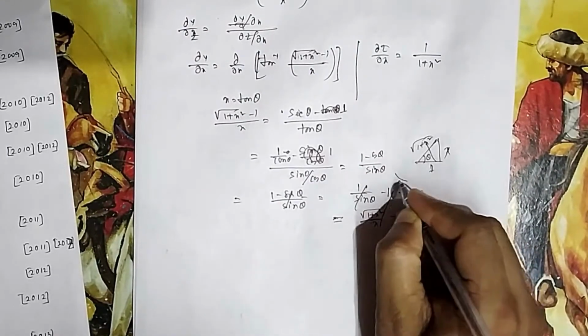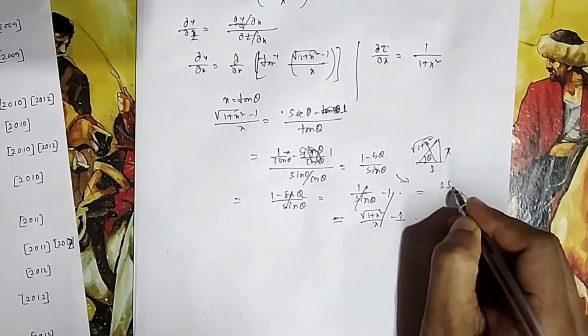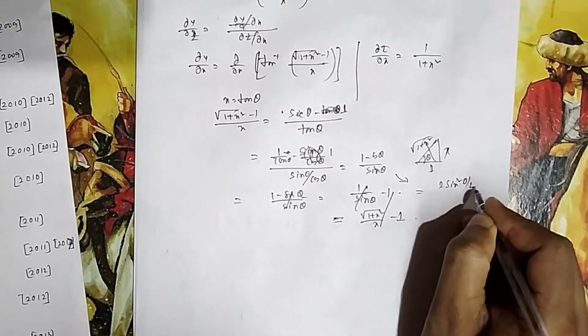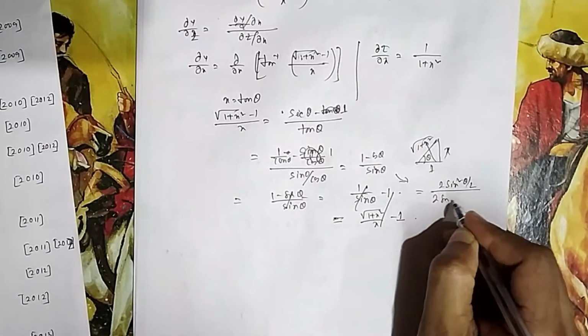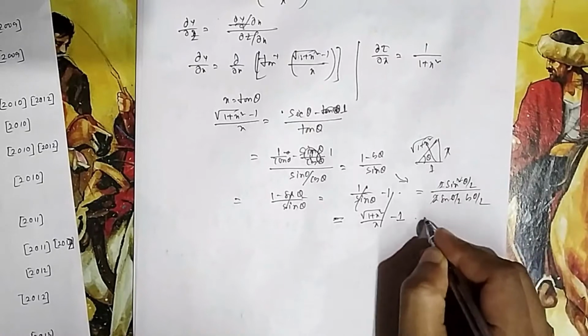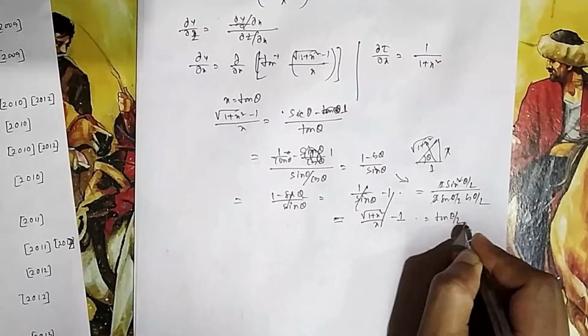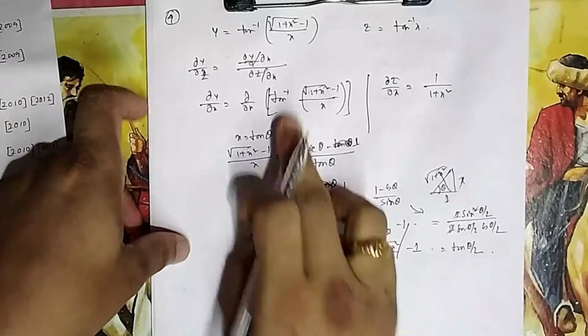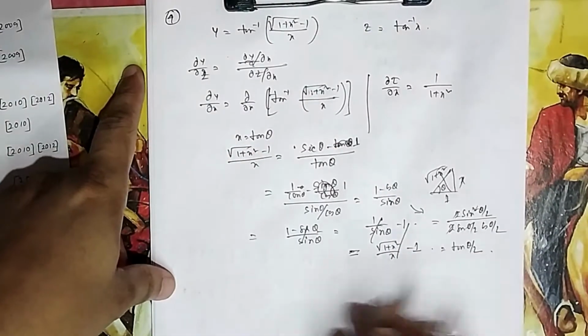So 1 minus cos theta, you have already seen, it is a very important formula, 2 sin square theta by 2, and sin theta is 2 sin theta by 2 cos theta by 2. So 2 gets cancelled, sin and sin square, ultimately you will get tan theta by 2. So instead of this long process, you can directly write tan theta by 2.